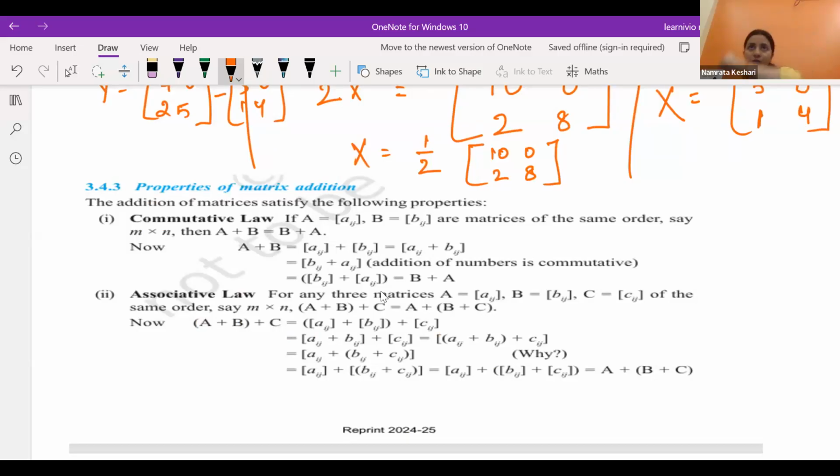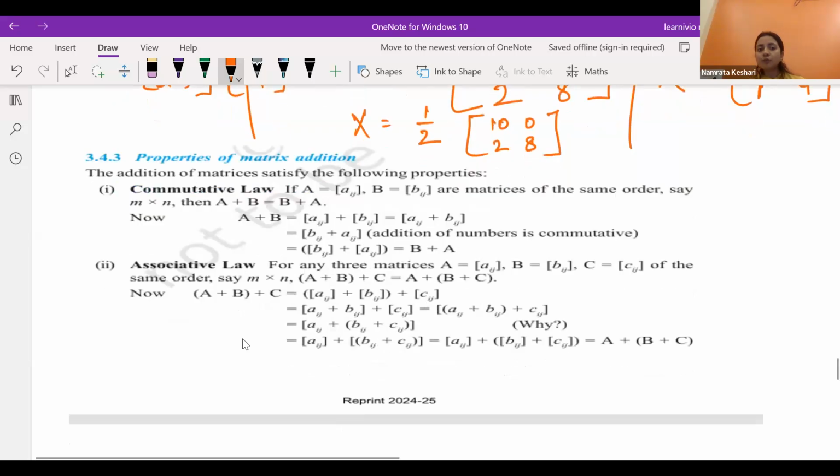If A and B exchange places and are added together, it will not make any difference; the result will be the same. The associative law also it will follow.